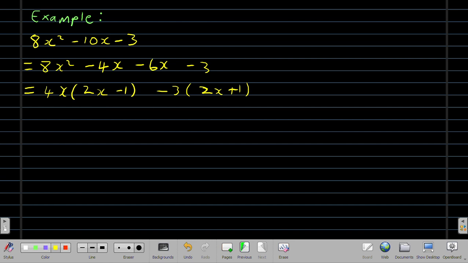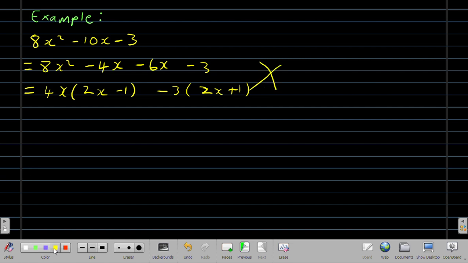And unlike the previous one, we actually cannot change this 2x plus 1 into 2x minus 1. If we take out a common factor of negative here, we're going to be left with minus 2x and then a minus 1. So essentially, this actually does not work.